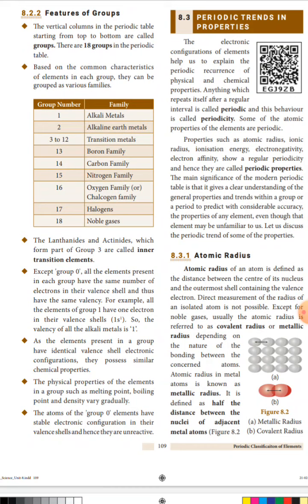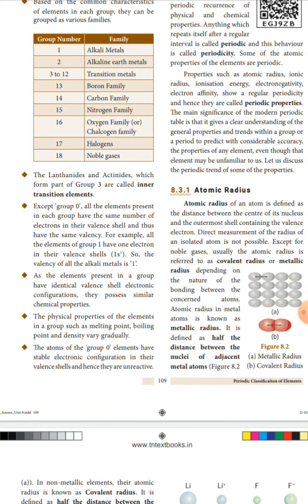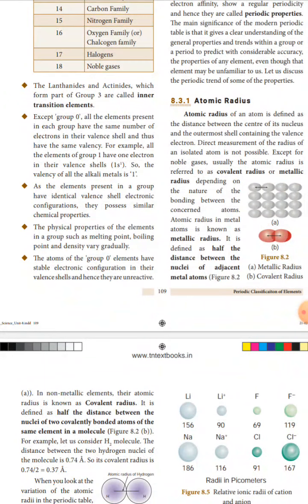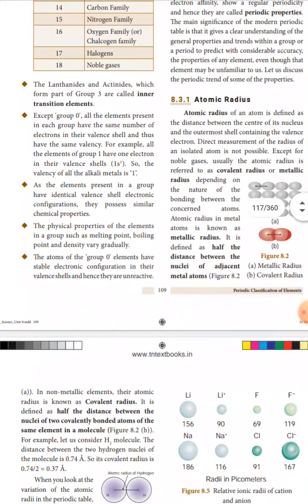The first group is alkali metals, the second group alkaline earth metals. Groups 3 to 12 are called transition metals, 13 boron family, 14 carbon family, 15 nitrogen family, 16 oxygen family or chalcogen family, 17 halogen family, and 18 noble gases. Elements in groups 3 to 12 are called transition elements. Lanthanides and actinides are also included, which are called inner transition elements.